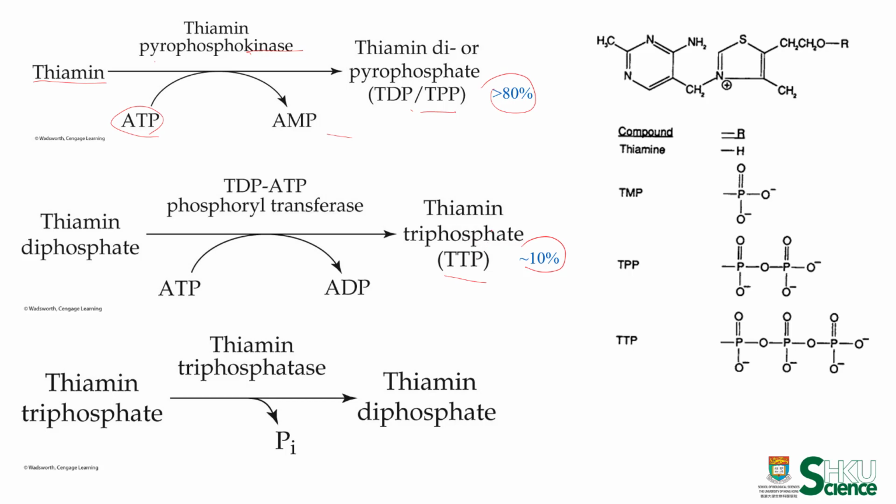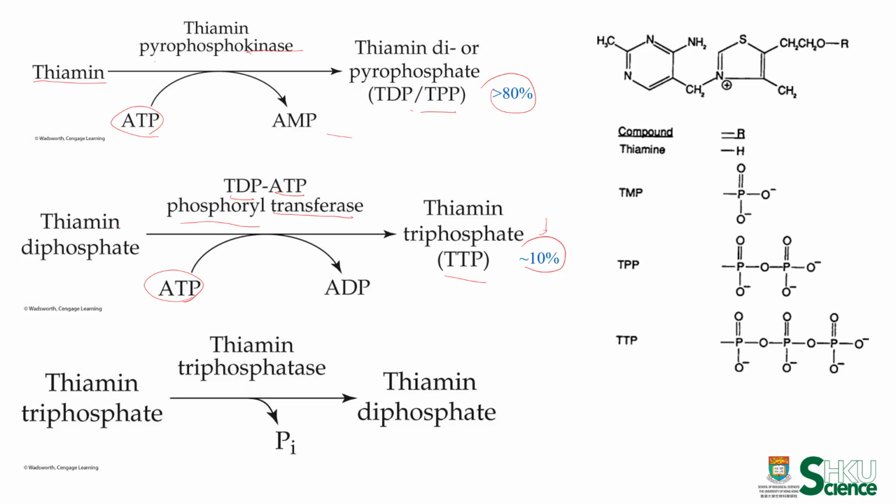Another form of thiamine that you will find in the human body is the TTP form, triphosphate, with three phosphate groups, one more. It accounts for about 10% of the thiamine in the human body. You add another phosphate group to TPP with the help of ATP, of course, and an enzyme called TDP-ATP phosphotransferase. It transfers a phosphate group from ATP to TDP.